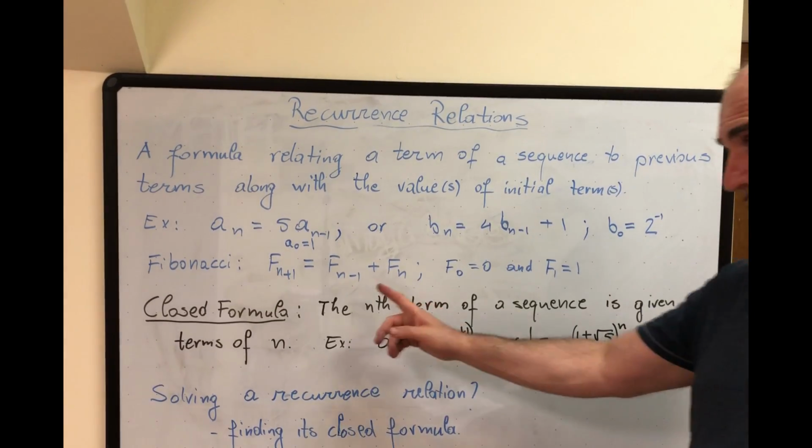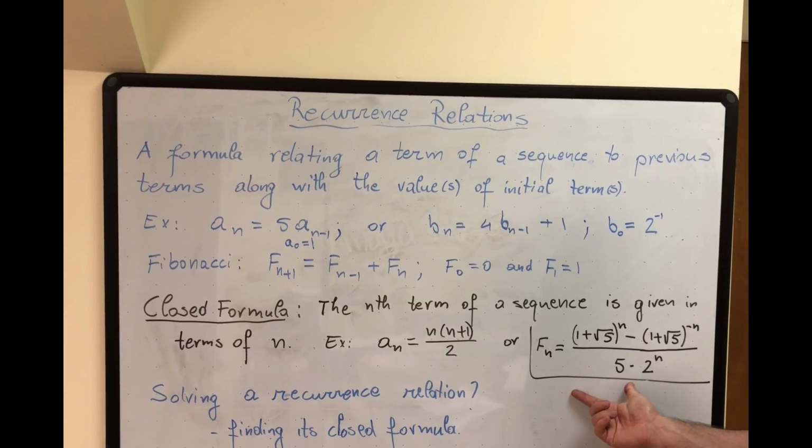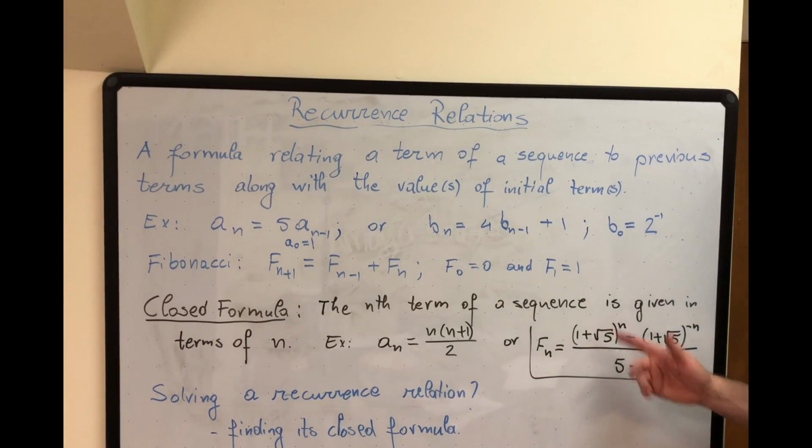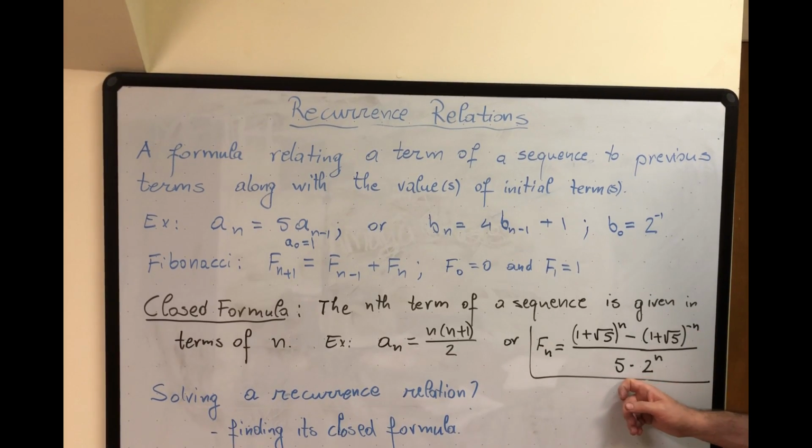For the Fibonacci sequence, the closed formula is more complex. It's f of n equals (1 plus square root of 5) raised to the power of n minus (1 minus square root of 5) raised to the power of n, over 5 times 2 to the power of n.